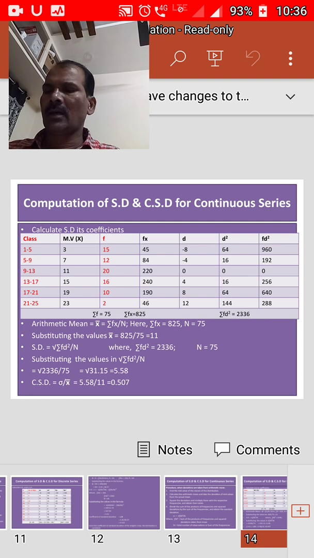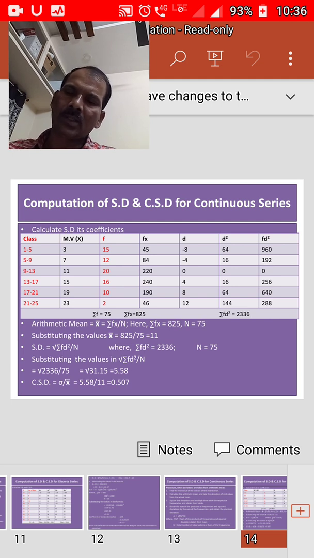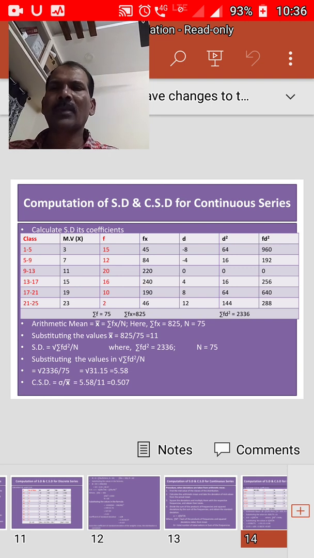Hence d square 64, f 15, 15 into 64 is 960, 12 into 16 is 192, 20 into 0 is 0, 16 into 16 is 256, 10 into 64 is 640, 2 into 144 is 288. If you add all these fd squares, you will get sigma fd square, which is equal to 2336.